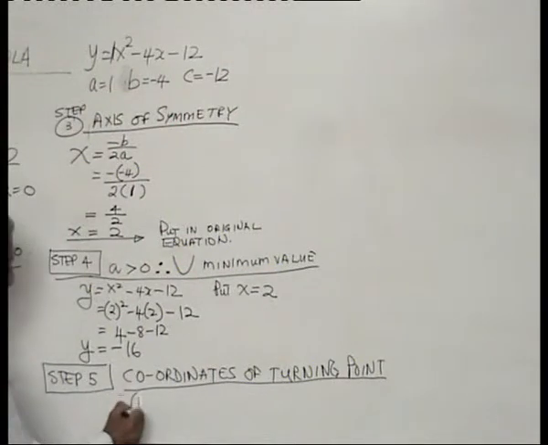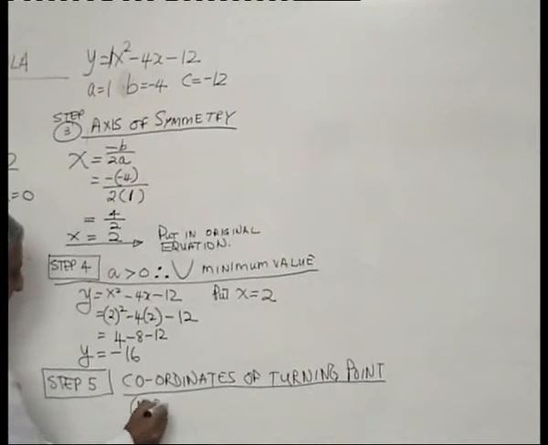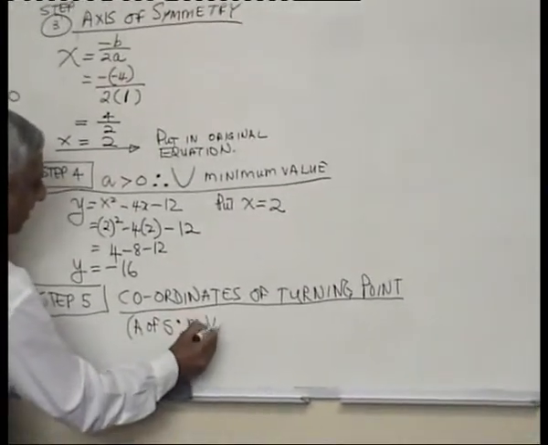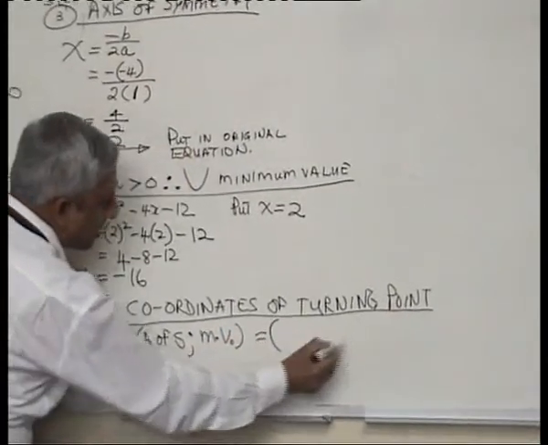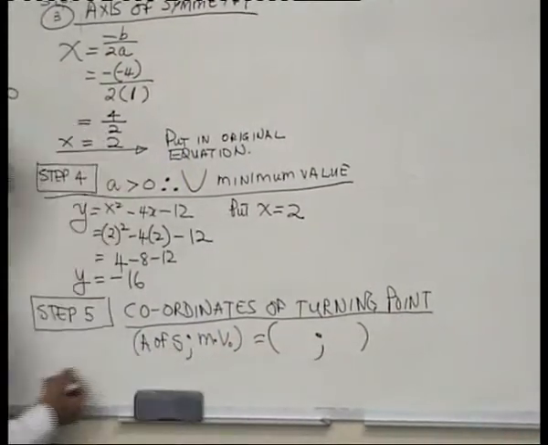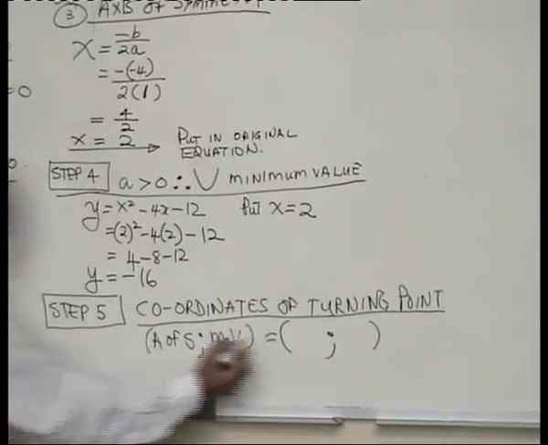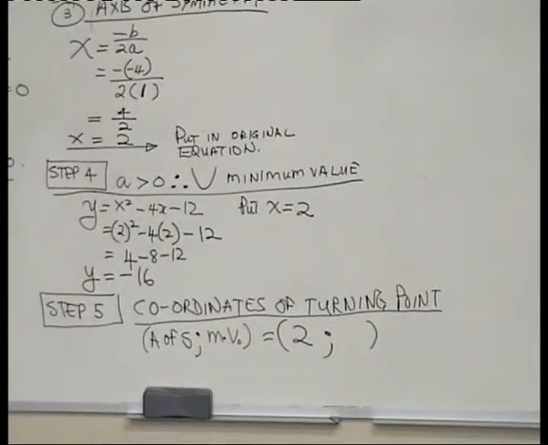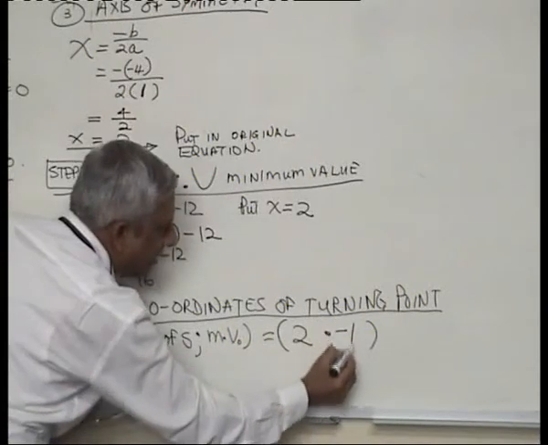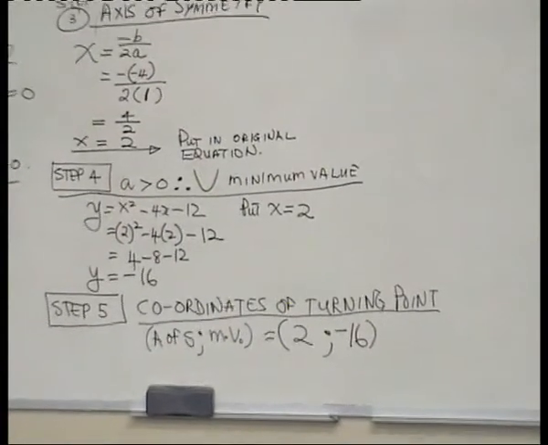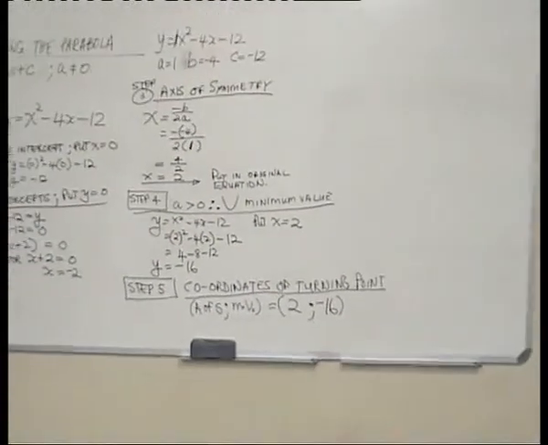Like I told you before, it is the axis of symmetry, and then the minimum or the maximum value. So the axis of symmetry in this case is 2, and the minimum value is minus 16. So we have done the 5 steps, and we are now ready to do a rough sketch.